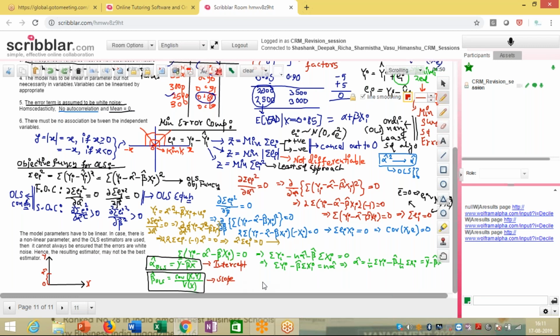So beta hat OLS is the slope, right? Now let's try to understand what this beta hat OLS expression is. Now I define beta hat OLS as the covariance between xy divided by the variance of x. Now how do I interpret beta then? So let's just draw a straight line first. Let's try to interpret beta.